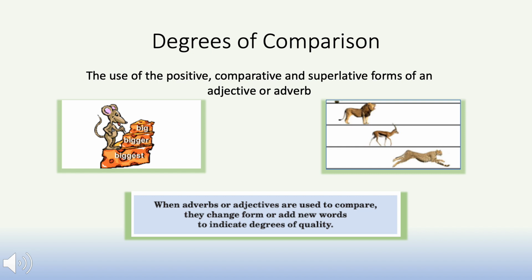So, depending on the number of nouns used, the number of things that are spoken about, you may use different degrees of comparison. So, when adverbs or adjectives are used to compare, depending on the numbers, they change the form or sometimes they add new words to indicate the degrees of the quality. We'll explain it further.